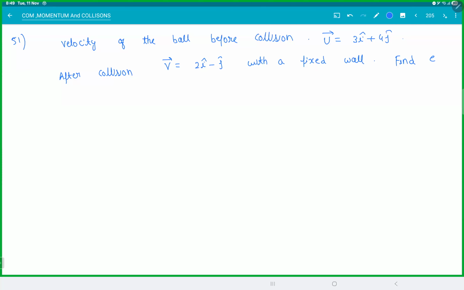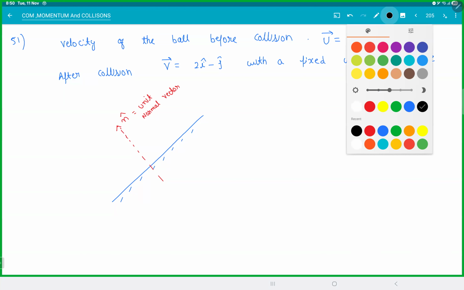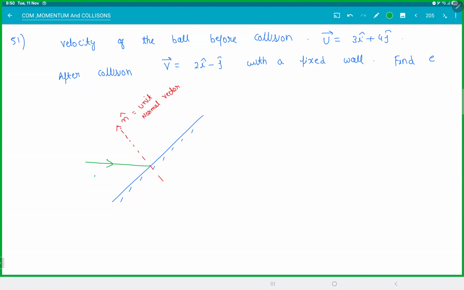Listen, the thing is, we know whenever you collide with a wall or something, only the component along the normal changes, right? That means, suppose the wall is like this, this is your normal vector, let's call it n cap. And your ball is coming with some velocity, this is u bar. After collision, it bounces with velocity v bar. Okay?